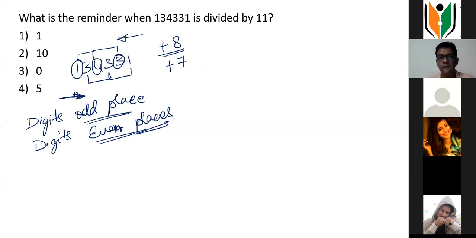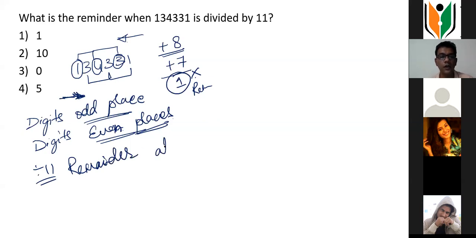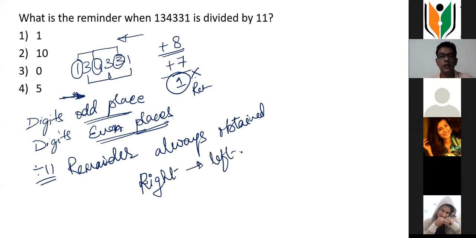Remember, if I do a subtraction here, this is not the remainder. For the divisibility rule of 11, the remainder is always obtained when you go from right to left.